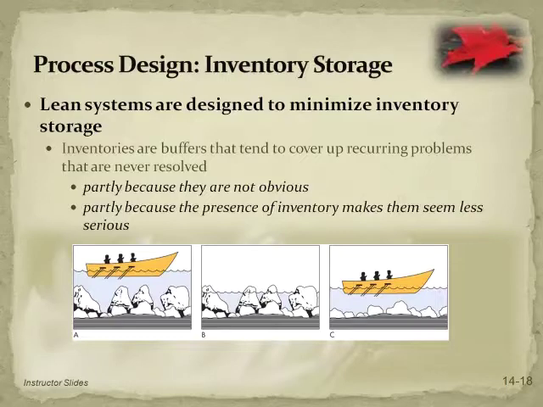If you take a look at the next slide in the middle, we've lowered the level of the lake. We've lowered the inventory level. So by lowering the inventory level, it causes the real operational problems to become more evident and become more visible. And if they're more visible, then hopefully we have a chance of correcting those.